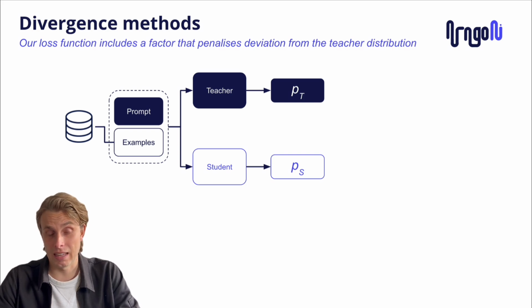An important caveat at this point is we're assuming that the teacher is something that we call a white box model. A white box model means that we have access to the ultimate probability distribution generated by the language model, as opposed to a black box model in which we only get the output tokens. So assuming we have a white box model, there's a lot more that we can do, and we can do these divergence-based methods.